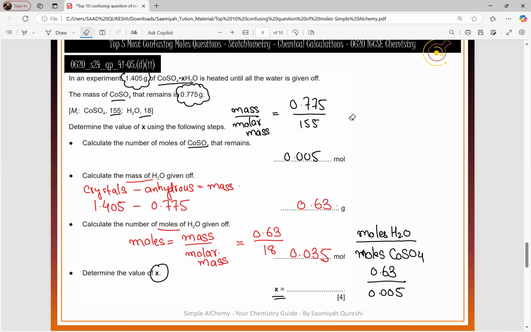The moles of water here are 0.035, and the moles of salt are 0.005. 0.035 divided by 0.005 is 7. So the number of moles is 7 here, and the formula of this crystal will be CoSO4 cobalt sulfate dot 7H2O, like this.